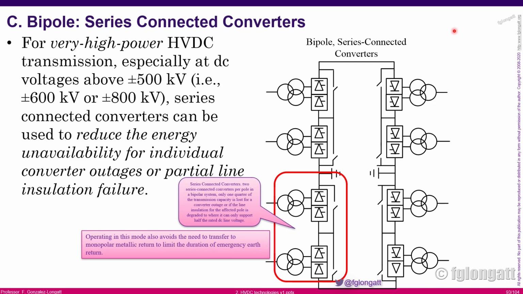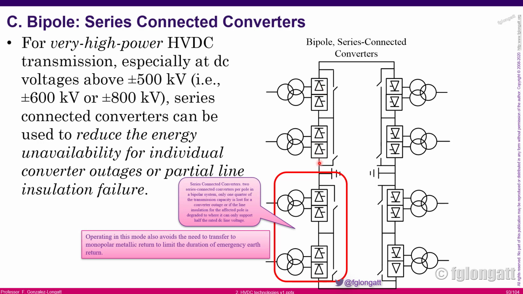Well, in many cases we have very high power, okay, and very high voltage. And when we have very high voltages, we can start to use a series of connected converters, okay? It's quite typical that for 400, 500, 600, and 800 kV, we start to put together in series high power converters, okay?